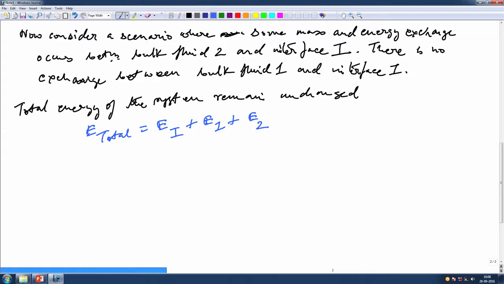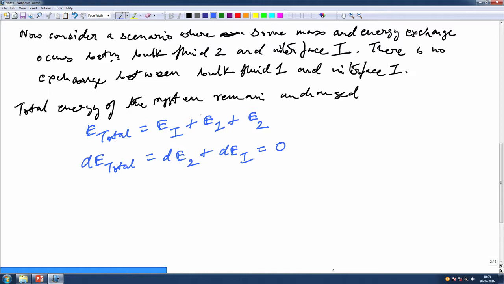Now, because of this exchange that has happened between the bulk fluid 2 and the interface I, the energy at 1 is held constant. So, therefore, any change in the total energy, which is of course equal to 0, is basically brought about by a change in the energy of 2 plus the corresponding energy of EI, and that is basically equal to 0, right.